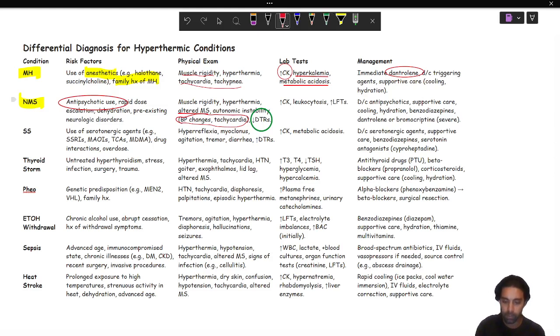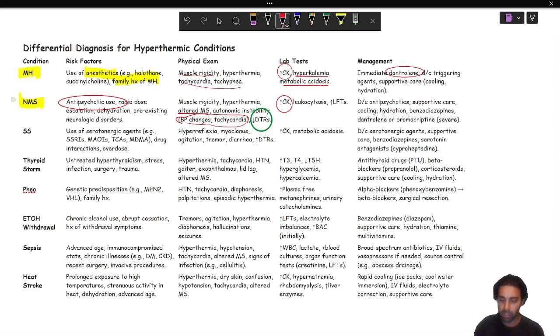You're starting to notice a lot of overlap already in just talking about two different diseases. You're seeing muscle rigidity, hyperthermia, plus minus confusion, elevated CK, because when you get rigid, you're starting to cause rhabdomyolysis. These are a lot of nonspecific findings, especially in the setting of hyperthermia. You're going to see a lot of different diseases that are associated with this.